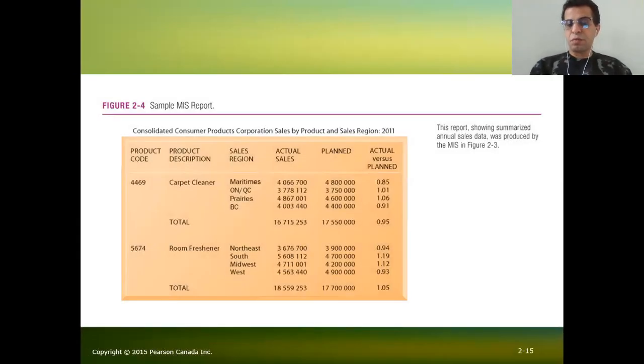For a sample MIS report, for example, a manager can look at the product code and the product description, the sales region, in which regions it was sold, and actual sales versus the planned or potential sales.